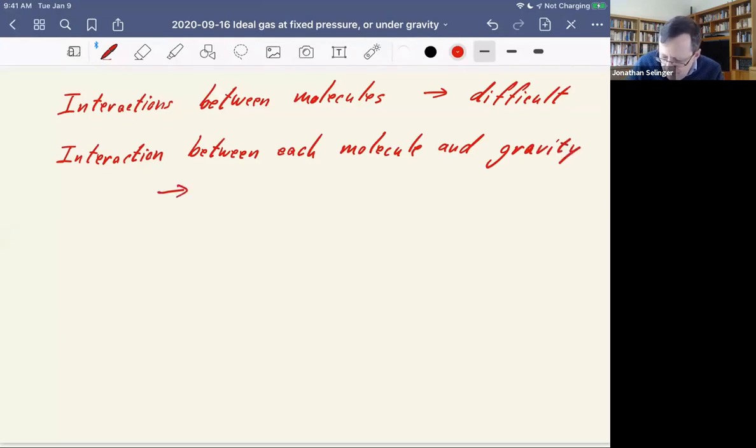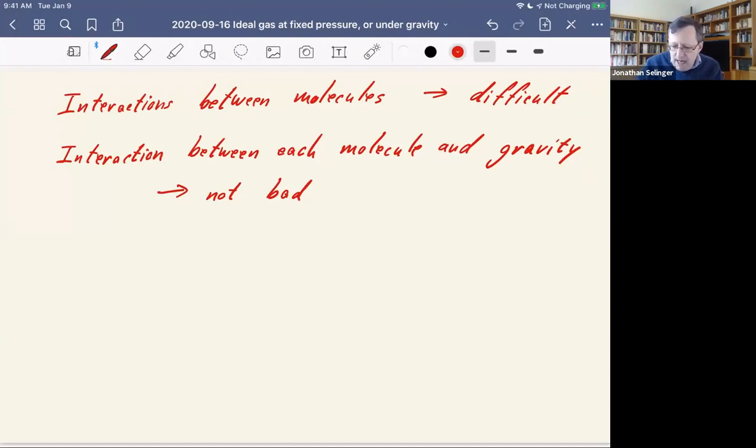This is not bad. Okay, so if you have an interaction of gravity pulling downwards on each molecule, that doesn't have anything to do with the molecules interacting between each other, right? That's a single molecule kind of effect. This molecule feels gravity, this molecule feels gravity, this molecule feels gravity. Each molecule individually feels gravity.